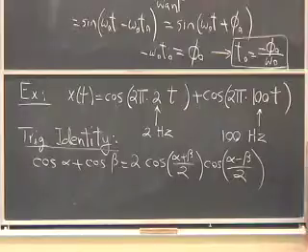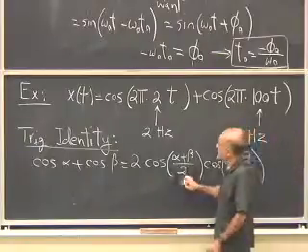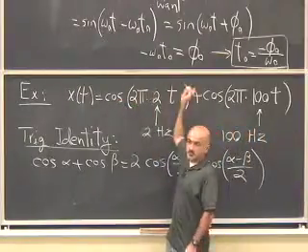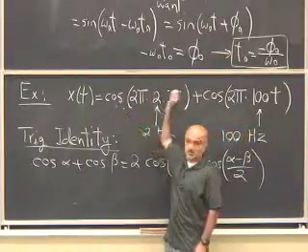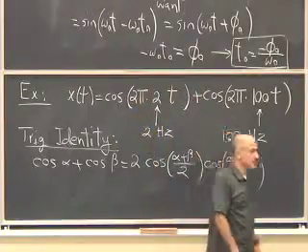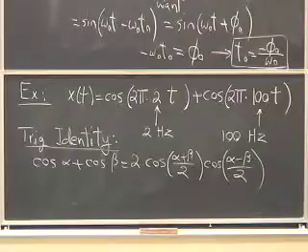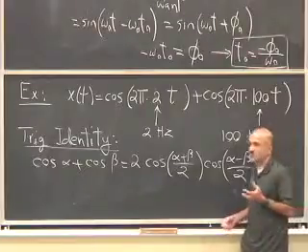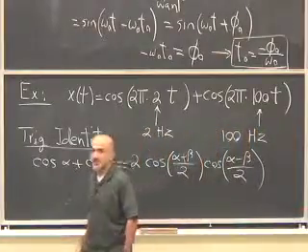Okay? Now I want you to use this useful trig identity and rewrite this summation or this superposition of two cosines as a product. And then I want you to plot it, and discover why we have this quote-unquote beating effect.